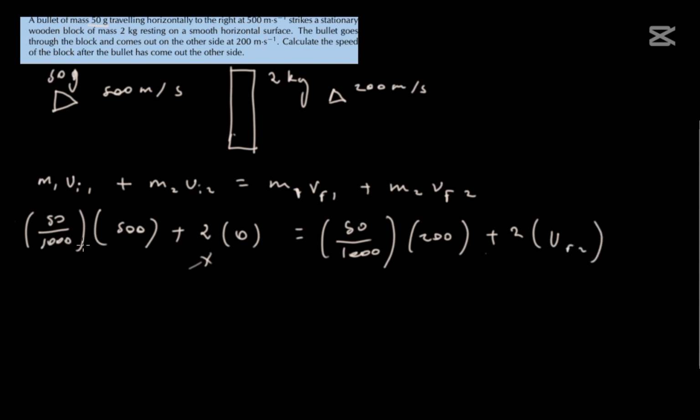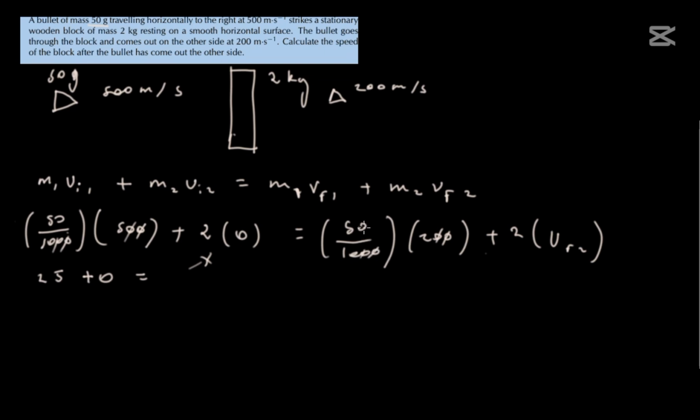For this part, the zeros will cancel each other. Now it will be 50 over 10, which is 5, multiplied by 5 for 25, plus 0 equals, for this part the zeros will cancel.